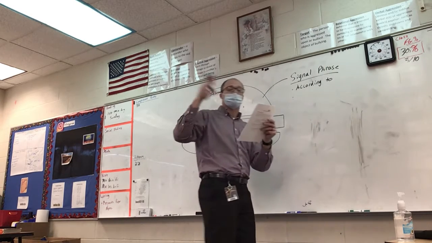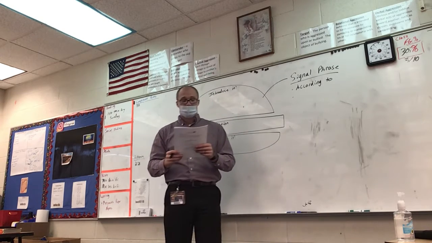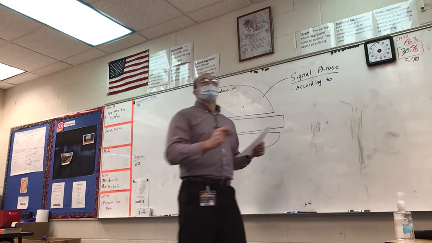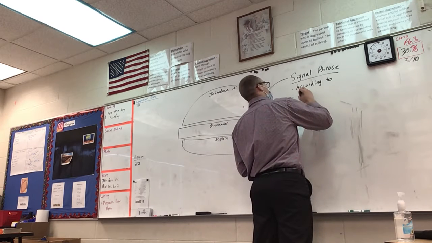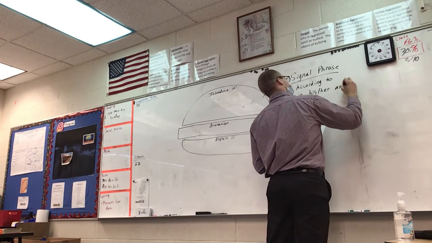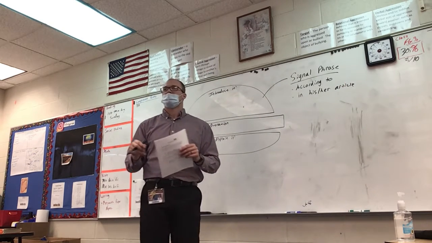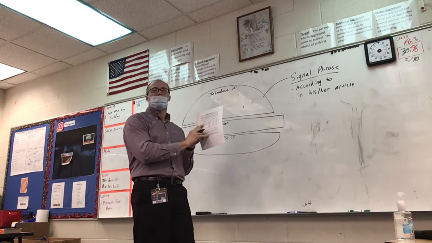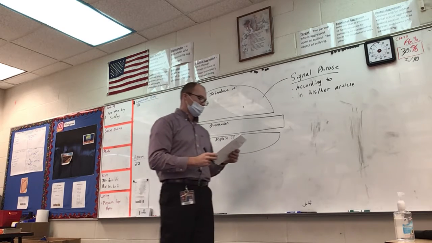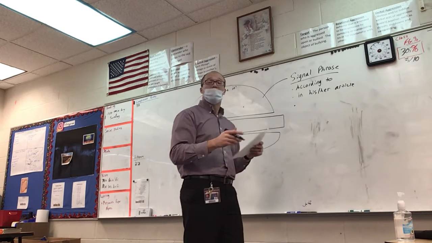Try the other side, the other box. It says signal phrases at the top. Something like in her article, or in his or her article. Okay? What's another signal phrase? Brayden, what's another one from our little box there? Suggests that. Blank suggests that.